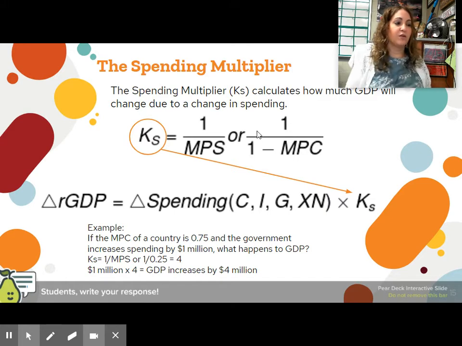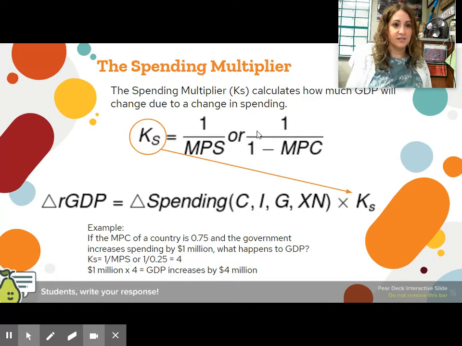The spending multiplier we're going to call KS, S for spending, and I believe K is often used as a multiplier in different formulas in like physics and calculus, I have heard. We'll see. So KS is the spending multiplier, and to figure out how much your spending will have an effect on GDP, you can solve it in one of two ways.